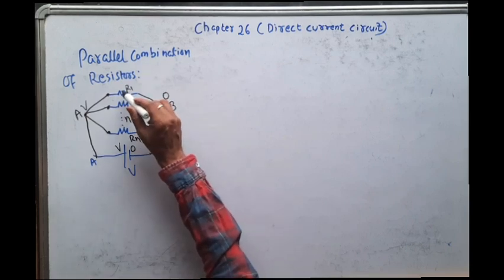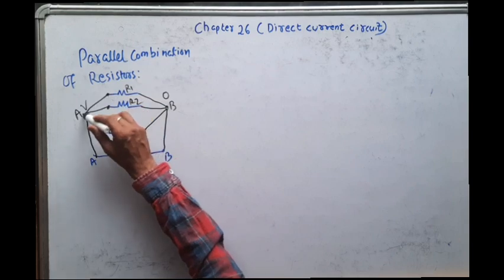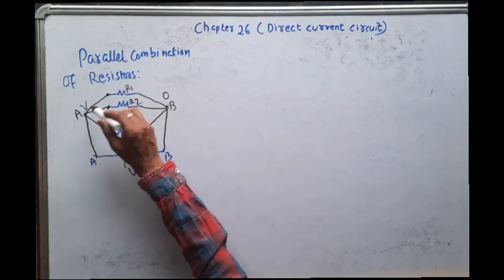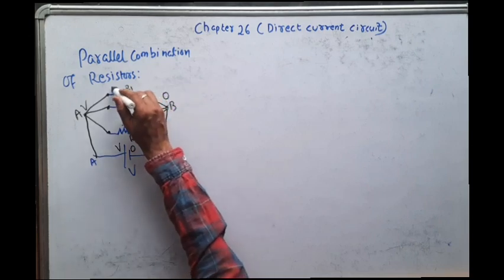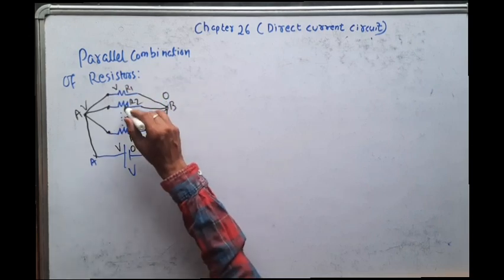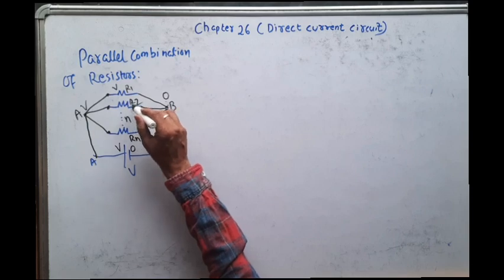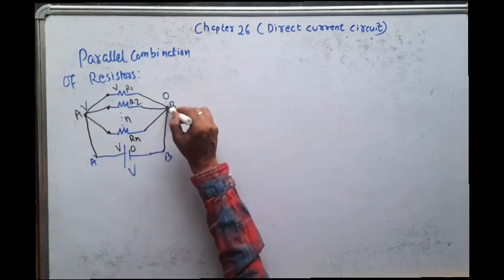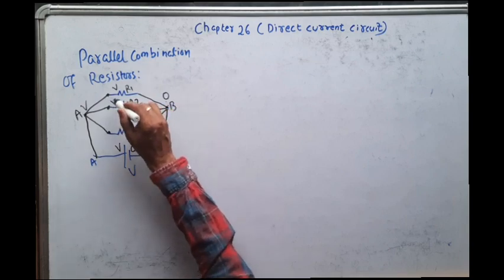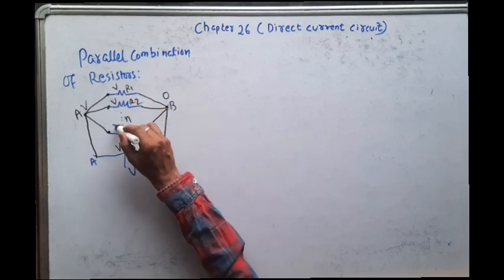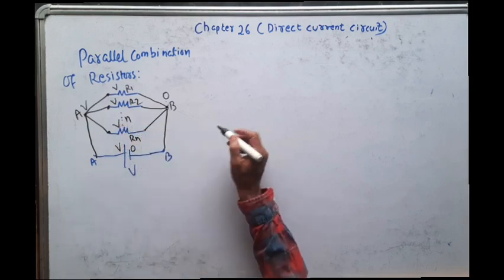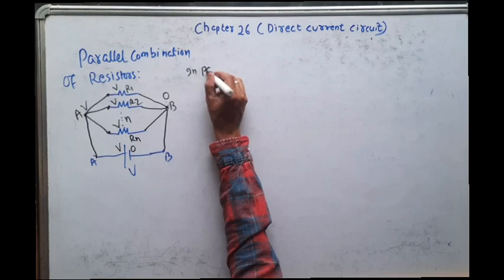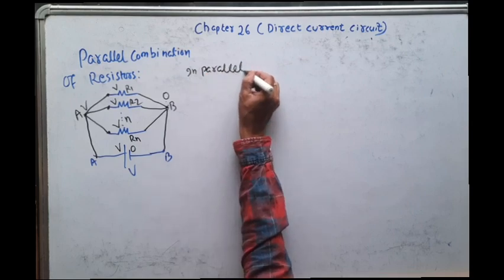So now you see this R1 is connected across A point and B point. Then what is the potential difference across R1? V minus 0. That is, here the potential difference is V. And what is the potential difference across this R2? The first end is connected to here, the second end is connected to 0 potential, then again the potential difference is V. Similarly, the potential difference across Rn is equal to V. So we can say in a parallel circuit, what remains same?